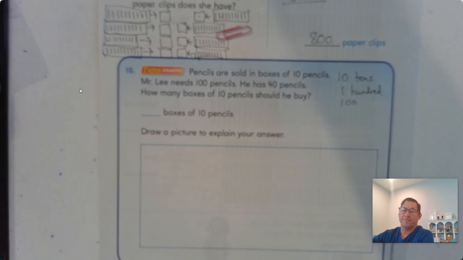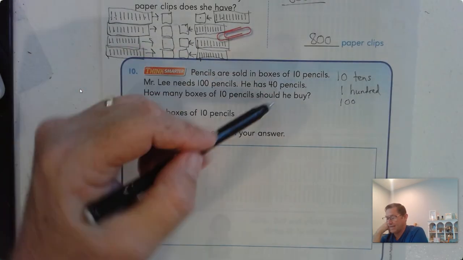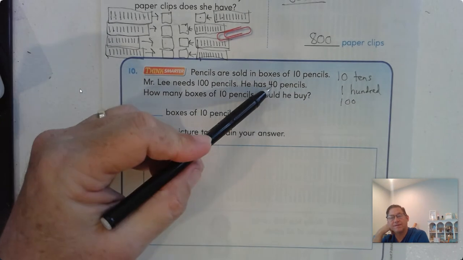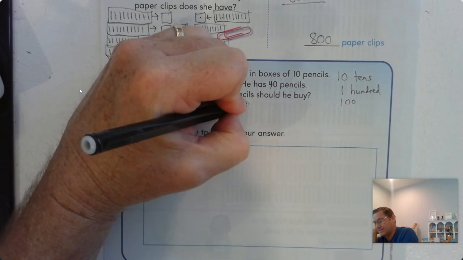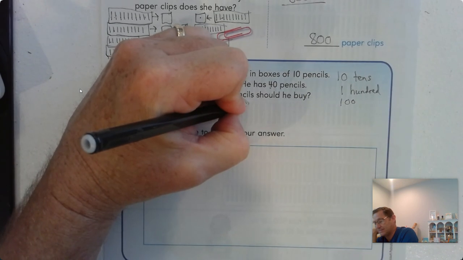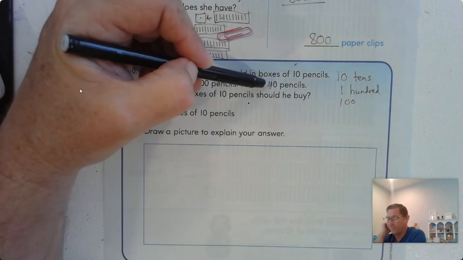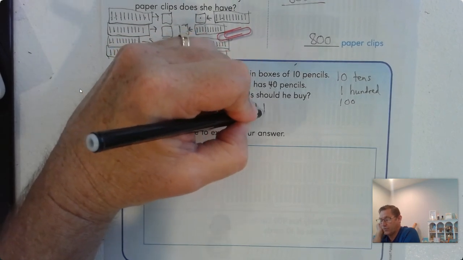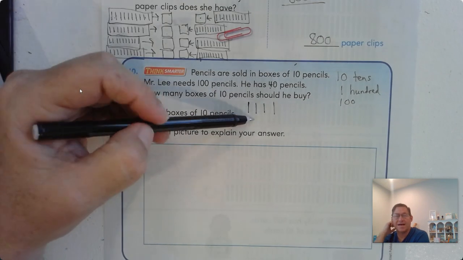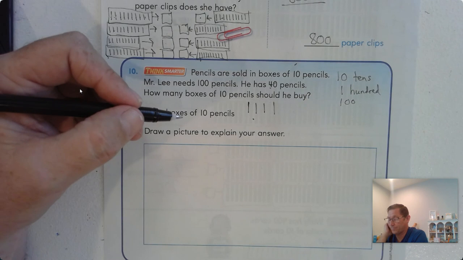So if 10 tens is 100 and he has 40 pencils, how many boxes of 10 does he have in 40? So 10, 20, 30, 40. He has 4 tens.